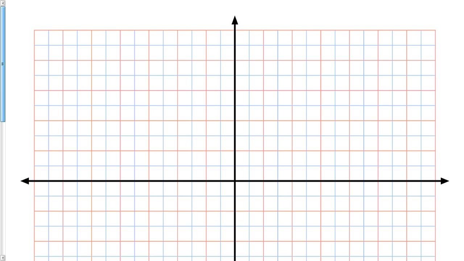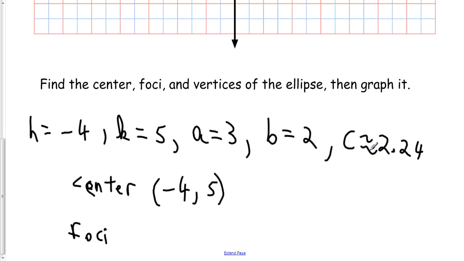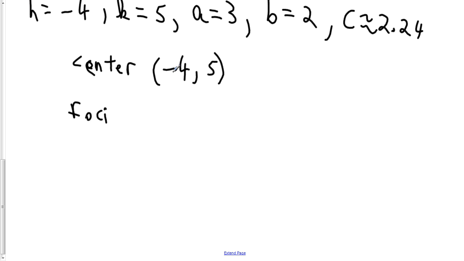So I'm going to go horizontally, c units from the center. If I go horizontally c units to the left of center, from negative 4, if I go 2.24 to the left, I'm going to be at negative 6.24. And of course, since I'm going horizontally, the y value will not change. So that is one of the foci.